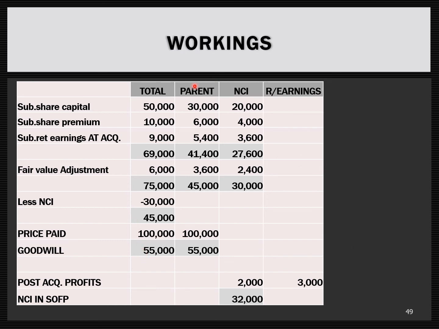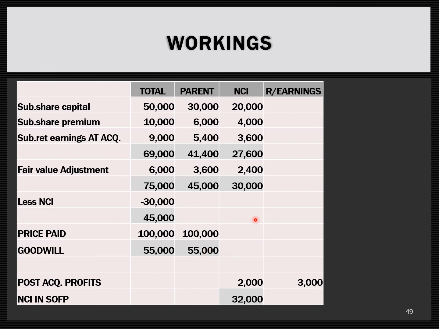Now, sometimes in the exam, you'll be given a box that is equivalent to what's in the parent company column here, where you only show the parent's share of the share capital, share premium and retained earnings, and the parent company's share of the fair value adjustment, and then compare that total with the price paid to get the goodwill.